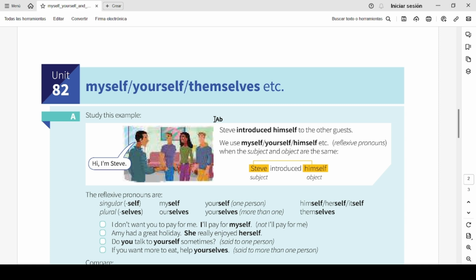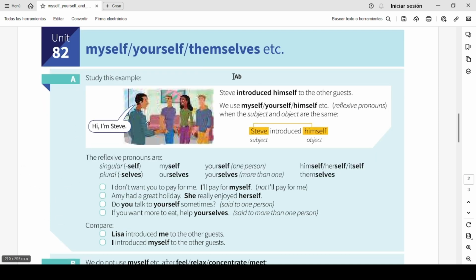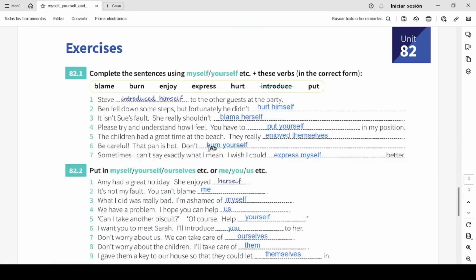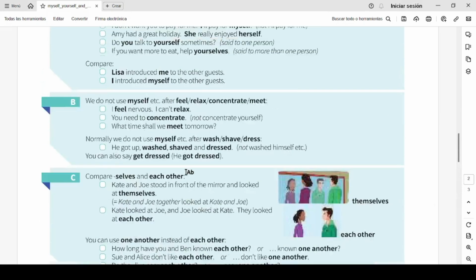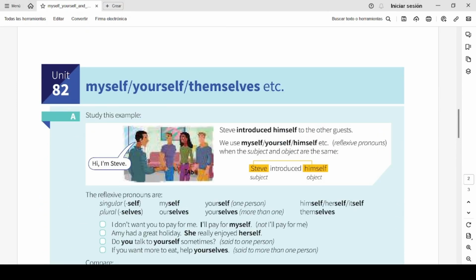Anyway, I'd like to remind you of the dynamic of the videos. The first part is grammar, and the second part is an exercise. But I would like to clarify that I'm going to add a new dynamic. The new dynamic is to try to complement that material with other material like the Oxford Dictionary and the Cambridge Dictionary, which I think are a good source of information to complement that unit.